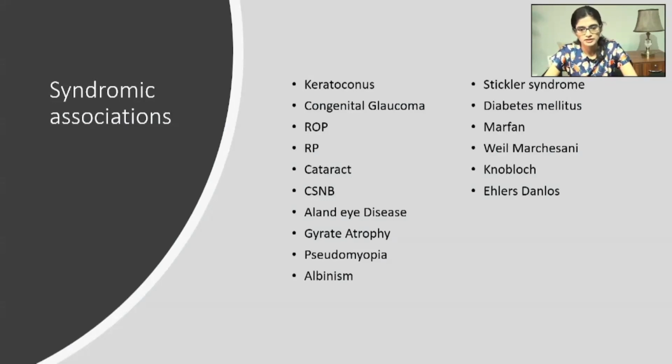Congenital glaucoma, retinopathy of prematurity, retinitis pigmentosa, cataracts, congenital stationary night blindness, and rare eye diseases like gyrate atrophy, albinism, and other conditions like Stickler syndrome, diabetes, Marfan's. These are connective tissue disorders. So you can see that the connective tissues in the sclera would be affected, causing elongation of the eye and development of myopia.